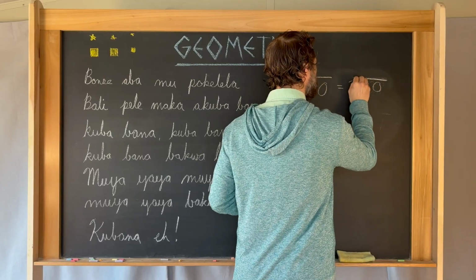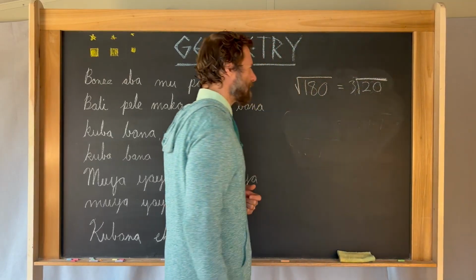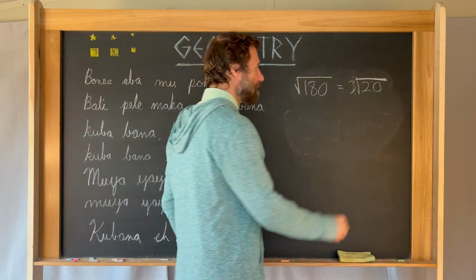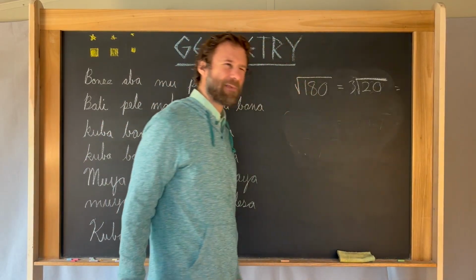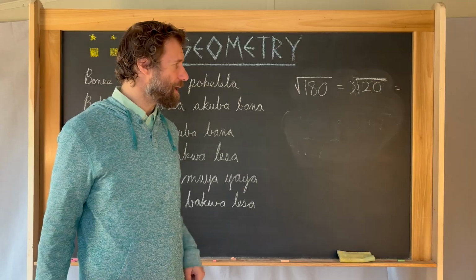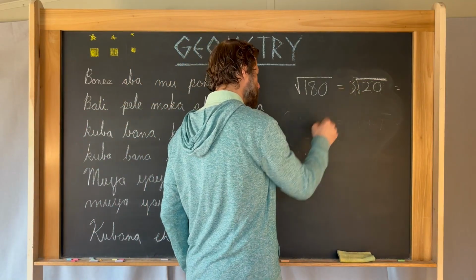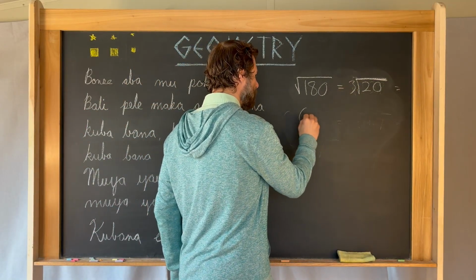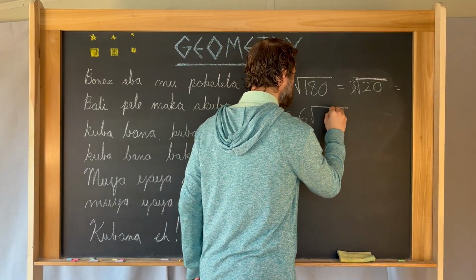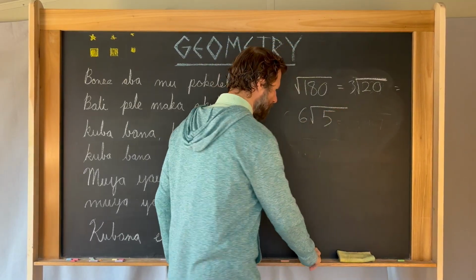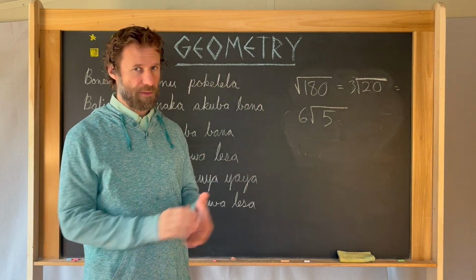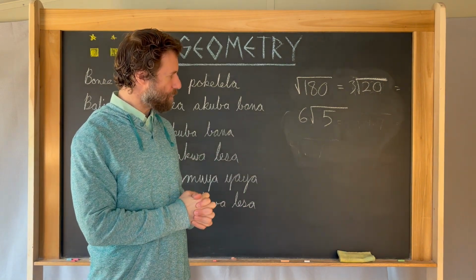So we can start with 3 times the square root of 20. Then I can look at 20 and say, well, 5 times 4, I know the square root of 4 is 2, so I pull that out, multiply it by 3. That gives me 6. And 5 is left. Then, of course, trying to do this mentally as much as possible.